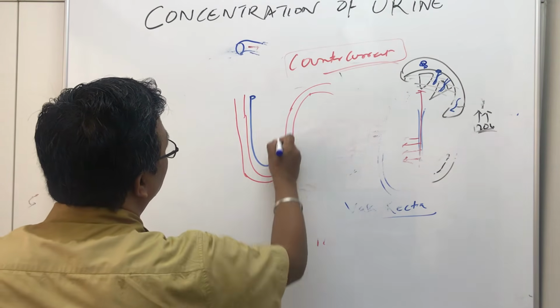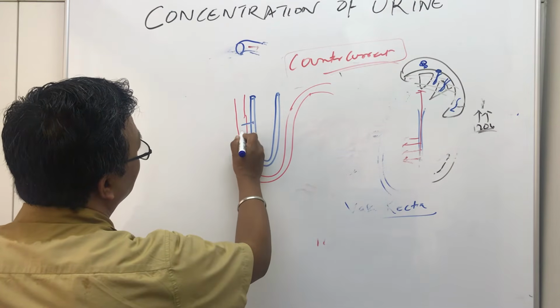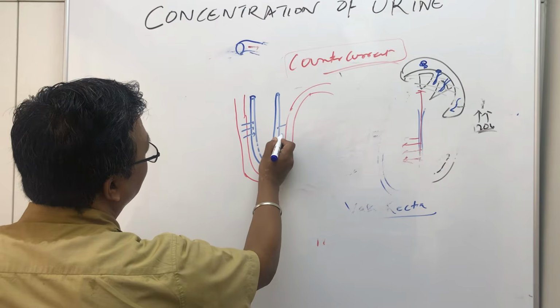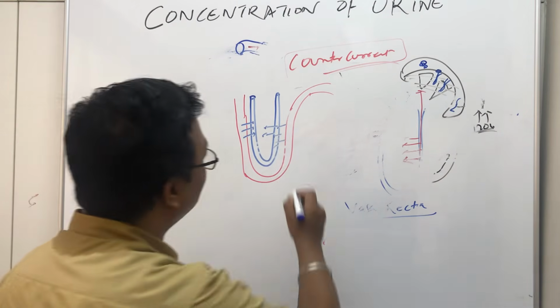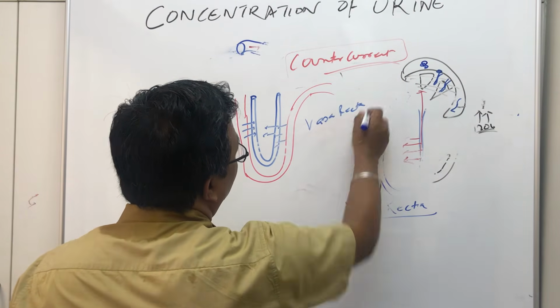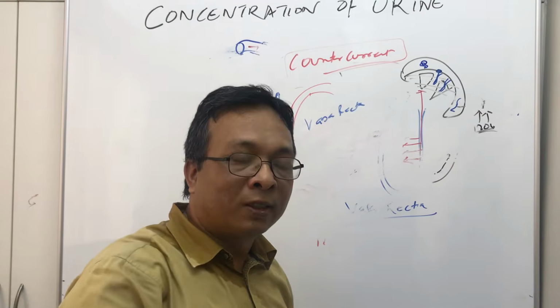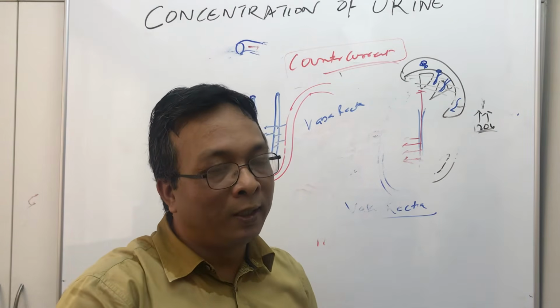The blood vessels are also in a loop. So whatever sodium chloride they reabsorb from the medullary interstitium, they push it back again while going back. These capillaries are called vasa recta, and because they are also in the surrounding, they also preserve the medullary gradient.